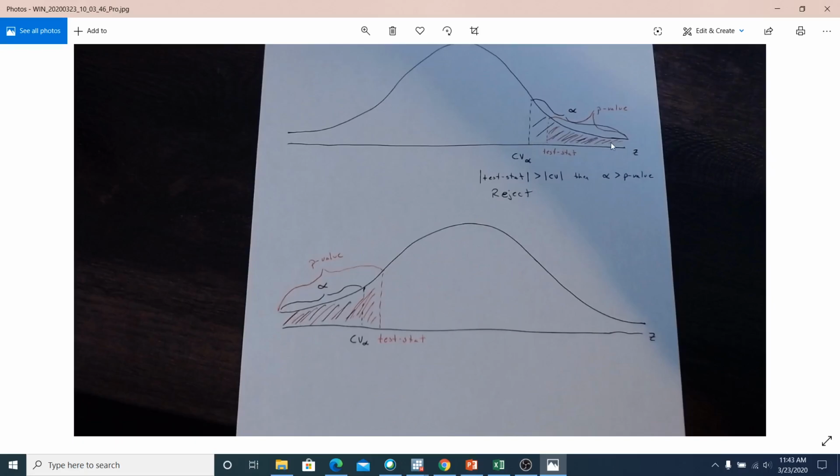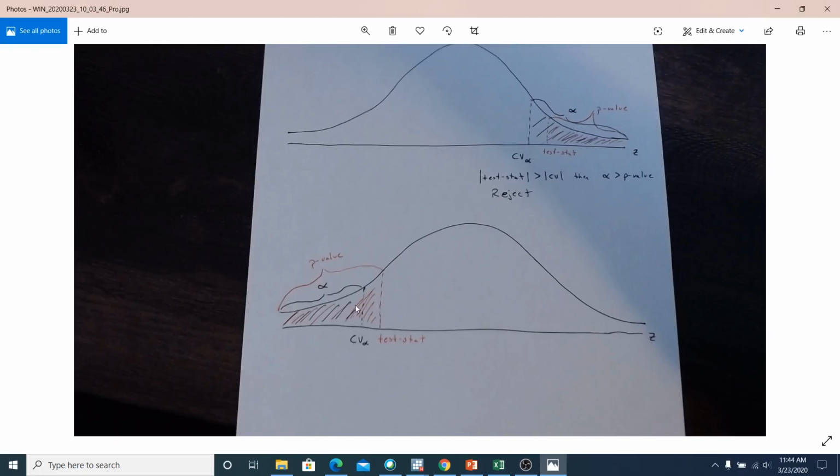That's saying the test statistic is larger in absolute value than my critical value. So if the p-value is less than alpha, my test statistic has to be greater than my critical value. If my test statistic ever went outside that rejection region, over here, now the area to the right of my test statistic would be a p-value that is larger than alpha.